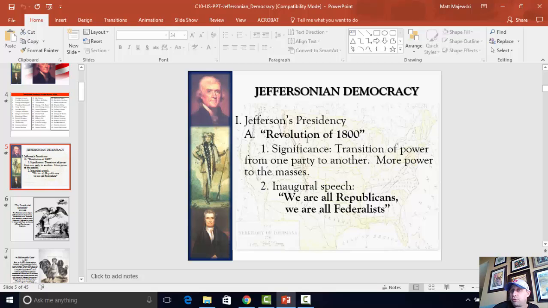We're going to get rid of some of those property requirements, which makes it, what we mean to say here is that it's a more democratic style, right? And so Jeffersonian democracy, again, it's really just ruling on behalf of more Americans than just maybe a smaller group of wealthier, educated elites.